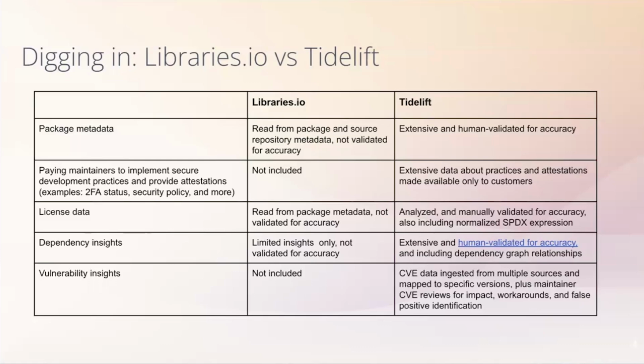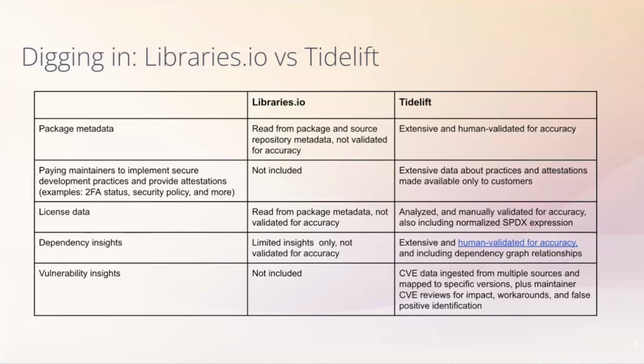So, for example, if you were looking to use package X and your security team required you to only use packages that had two-factor authentication implemented, you didn't have that information available via libraries, and so you said, well, let me take the chance and use it anyways. And then when it comes time for testing, that's when the security team raises a flag, says, hey, Isaac, you need to go rebuild this, thus leading you to unnecessary repetitive work that you could have avoided had you known that upfront. And again, that's what Tidelift is able to provide you.